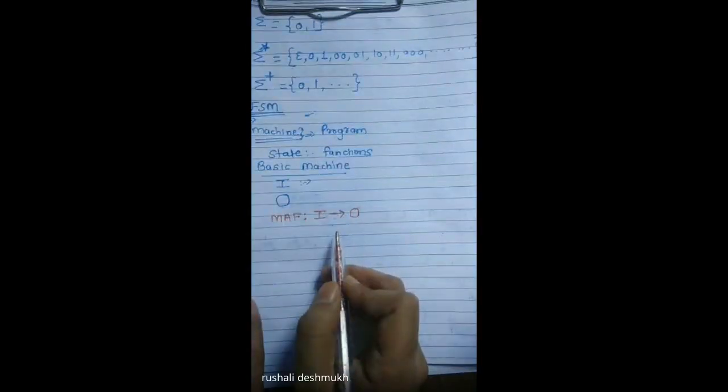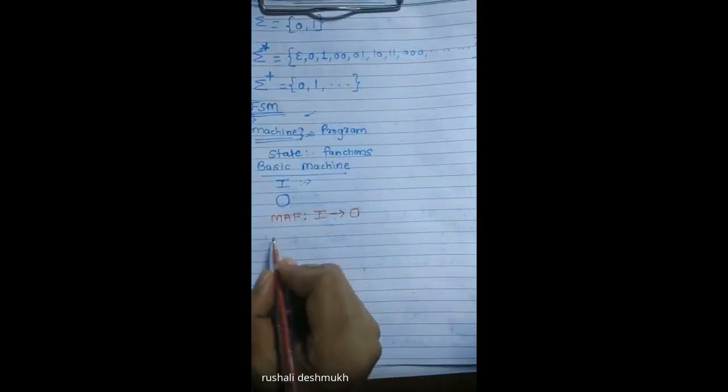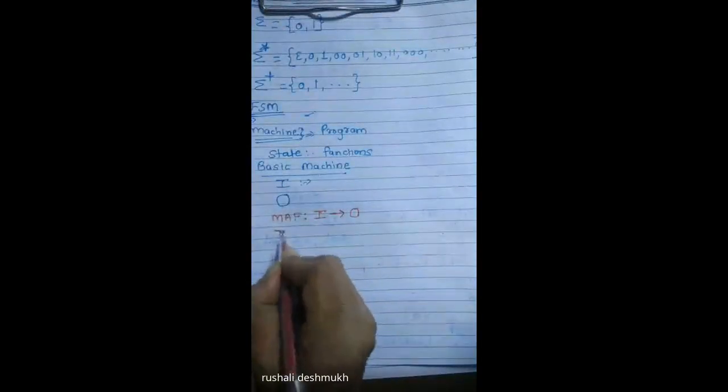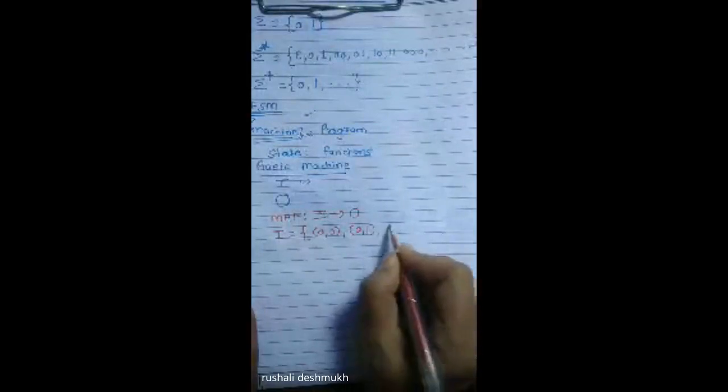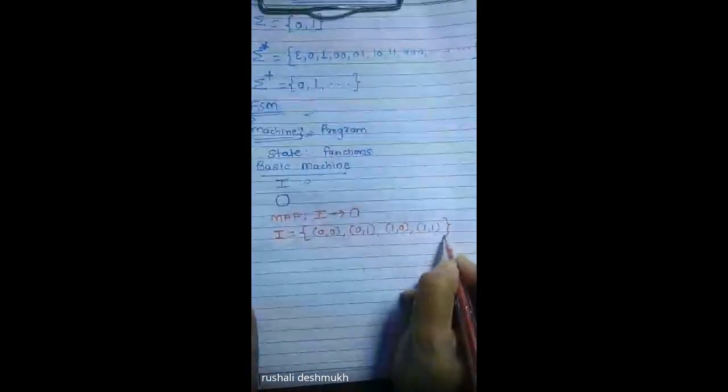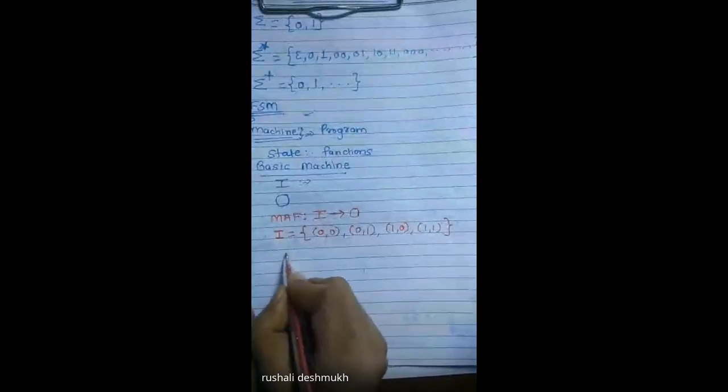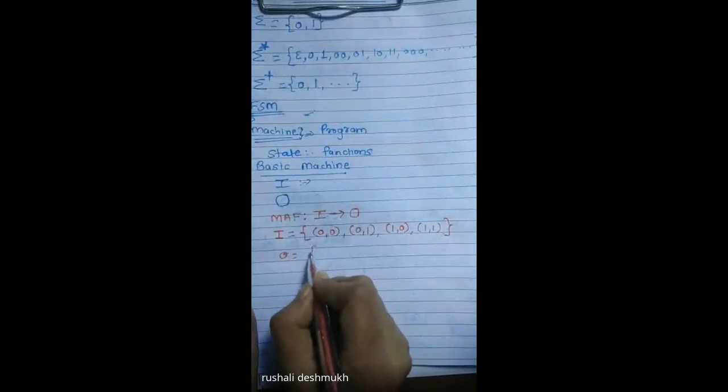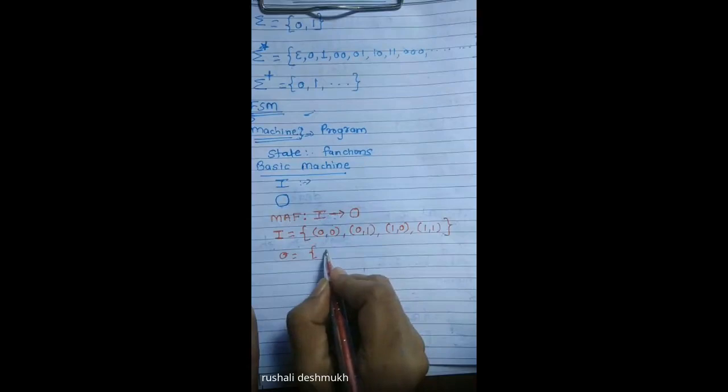If you consider a simple basic machine, suppose an AND gate. What is the input set for the AND gate? We give a pair: 0, 0, 0, 1, 1, 0, or 1, 1. For this input, the output generated can be either 0 or 1.